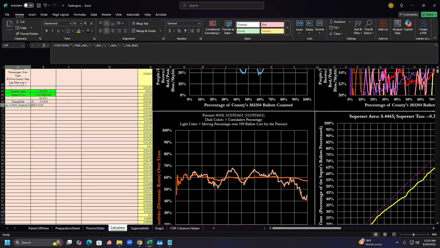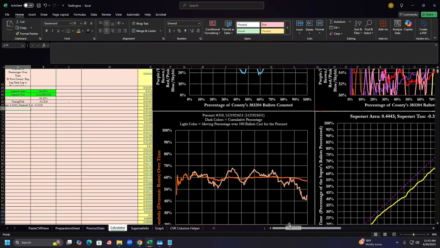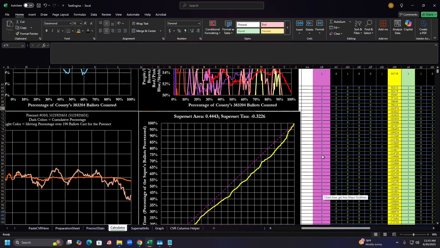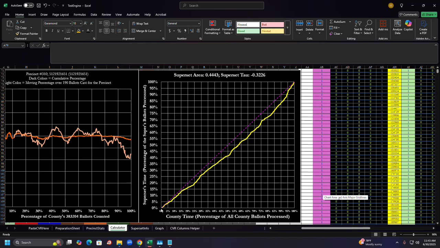So I want to see if I can fix this. There we go. So here, the area under the yellow line is 44% of the unit square, so the tau value is negative 3.2. So that's a relatively slow precinct.